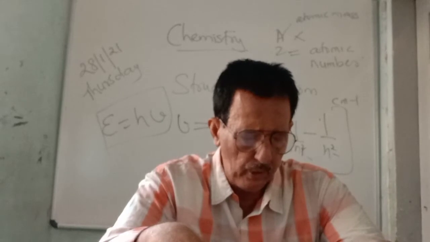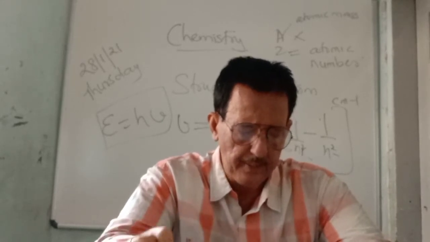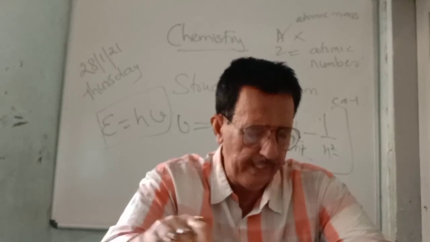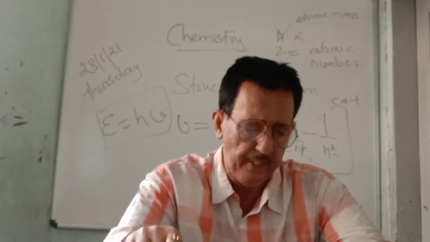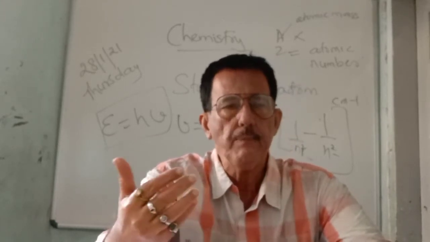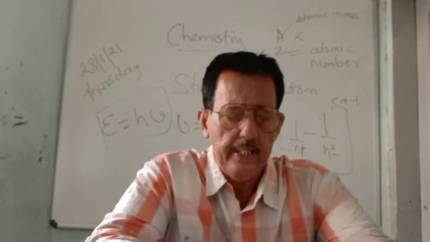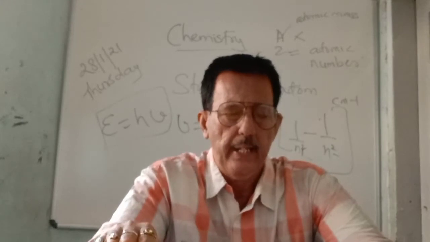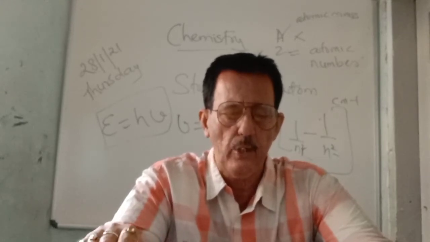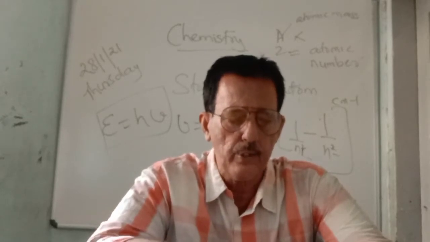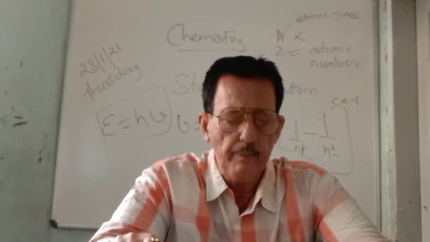According to Bohr's model, the atom consists of a nucleus at the center, and the electrons revolve around the nucleus in circular orbits which are quantized. Therefore, ΔE is equal to hν, mvr is equal to nh/2π, and r_n is equal to a0 times n².